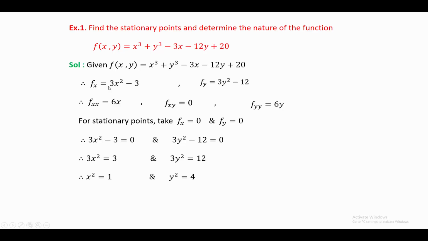So we get x square equals 1 and from this equation y square equals 4. So x is plus minus 1 and y is plus minus 2. Therefore the stationary points are (1,2), (1,-2), (-1,2) and (-1,-2). This means there are 4 stationary points.